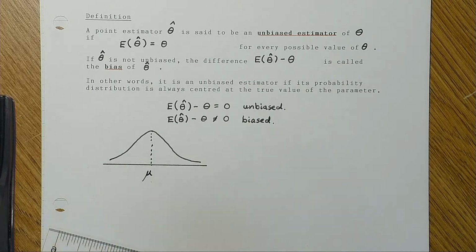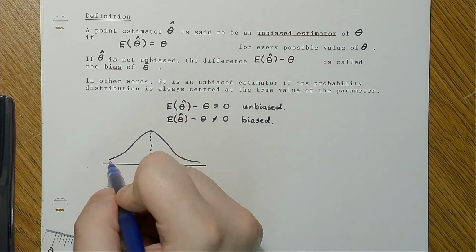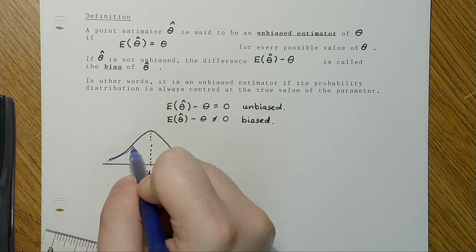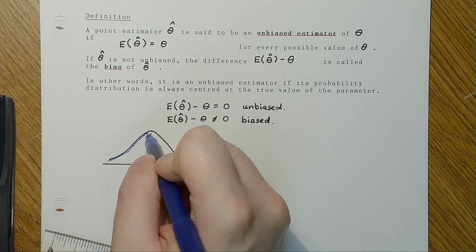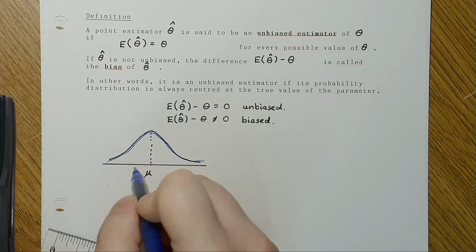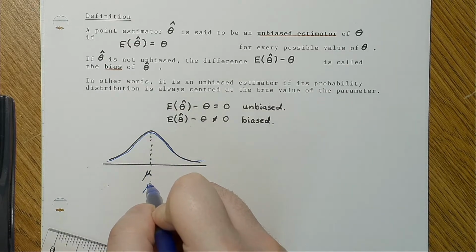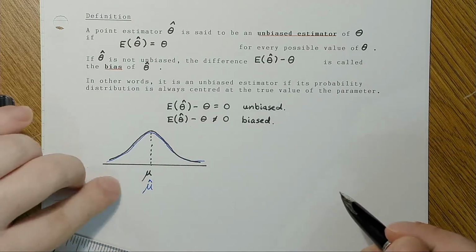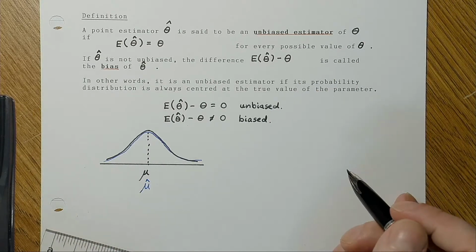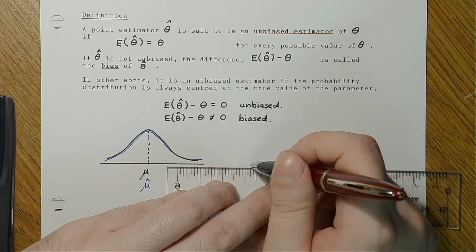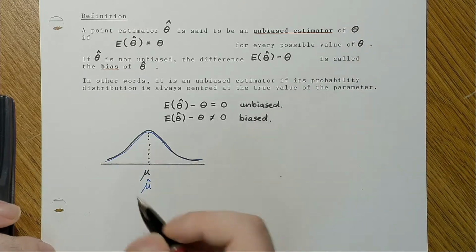What we hope for is that the mu hat is also the same. But this isn't always the case, depending on what kind of statistic you're using as your point estimator. This would be unbiased.